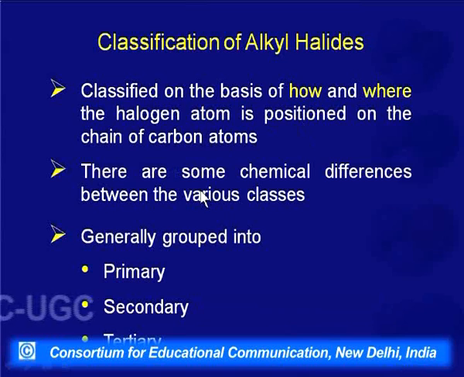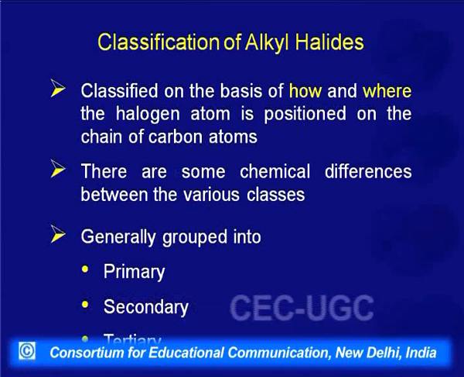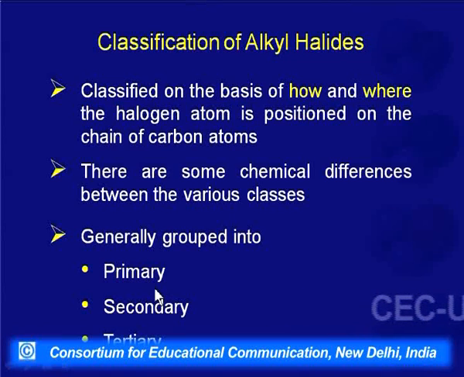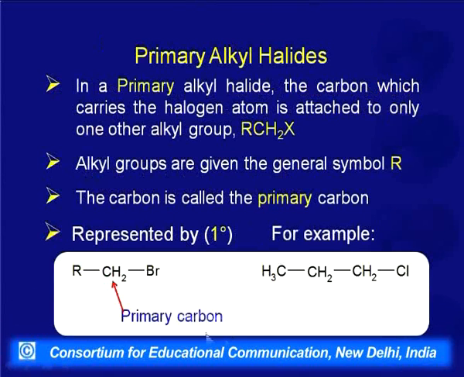There are some chemical differences between the various classes, and generally they are grouped into primary, secondary and tertiary alkyl halides. Let us see how we classify them. The primary alkyl halides: in a primary alkyl halide, the carbon which carries the halogen atom is attached to only one other alkyl group, RCH2X. You can look into this example.